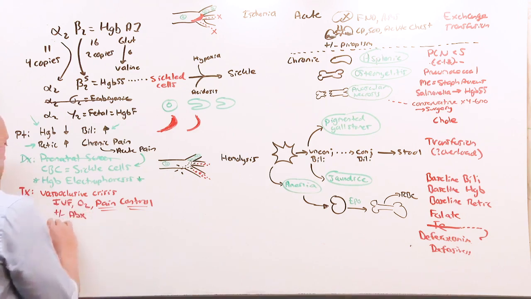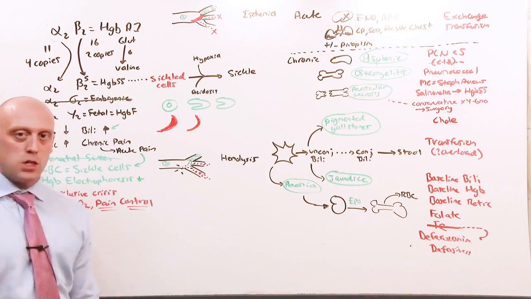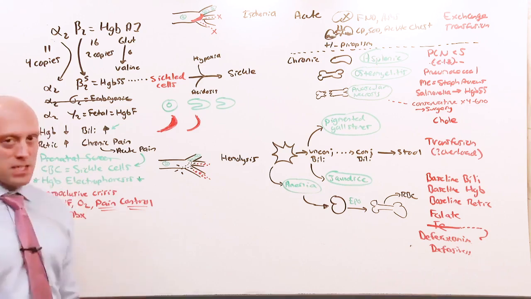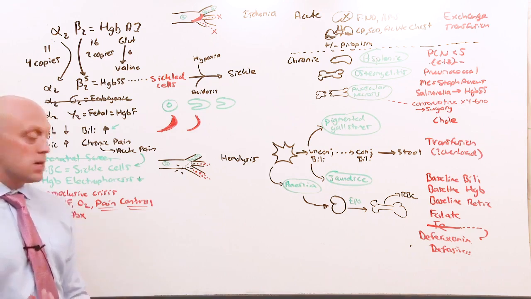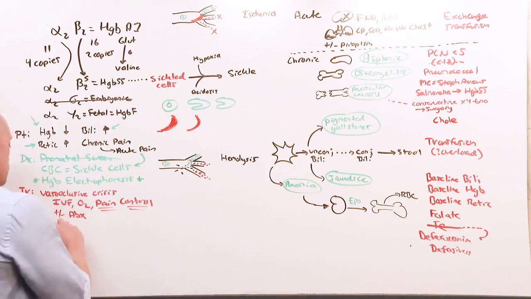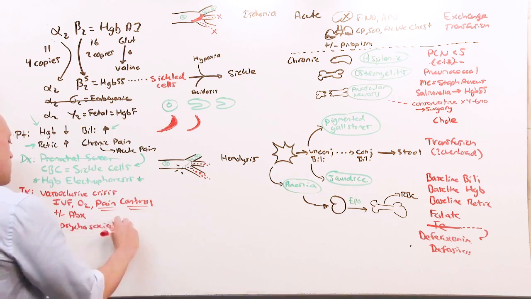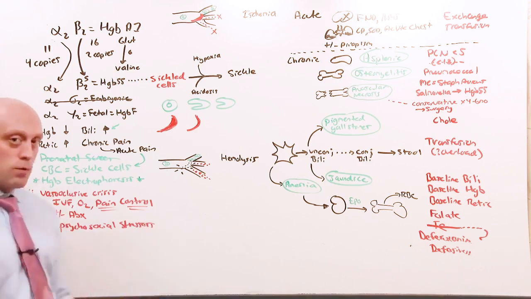But if they are in an acute crisis in the way of pain, requesting medications, but do not show the objective evidence, that is, there's not an elevated bilirubin, reticulocyte count, decreased hemoglobin, or sickle cells on smear, you do want to follow up with psychosocial stressors. You have to remember that these patients have been patients since before they can remember.